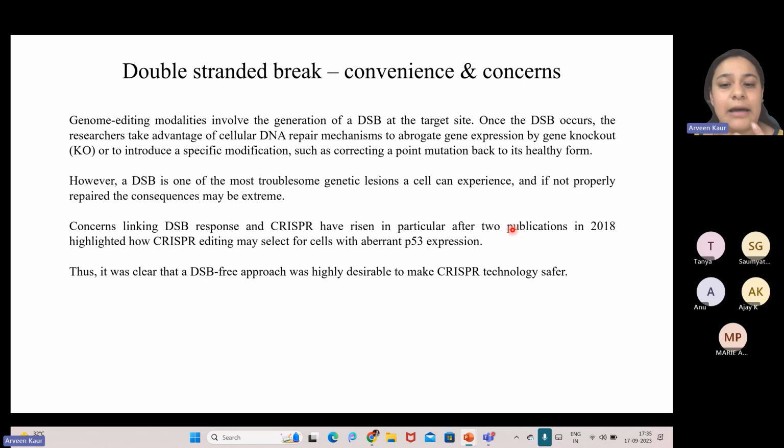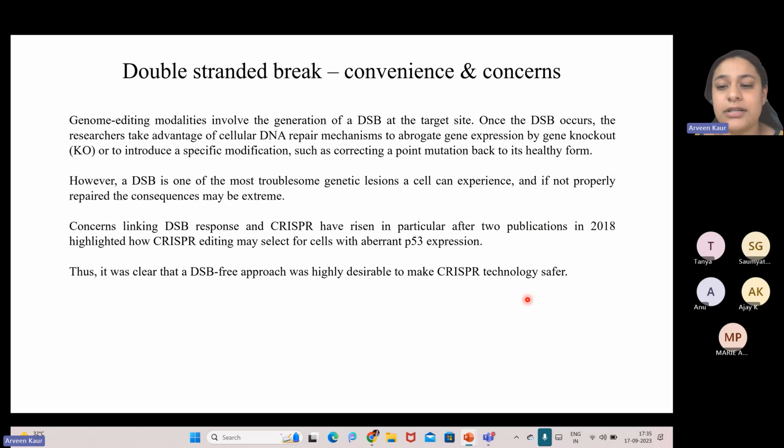And if there is aberrant p53 expression, these cells will be very susceptible to cancer, right? So after this, it was clear that a double-stranded break-free approach was highly desirable.